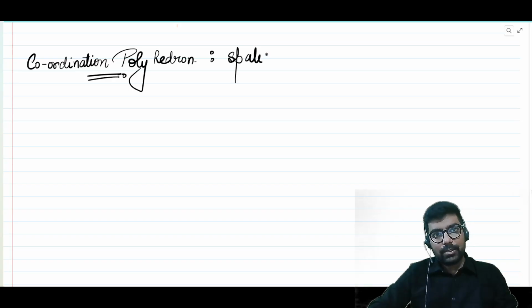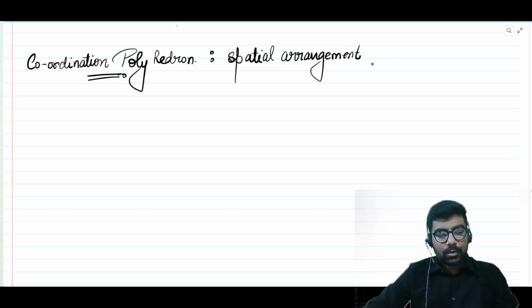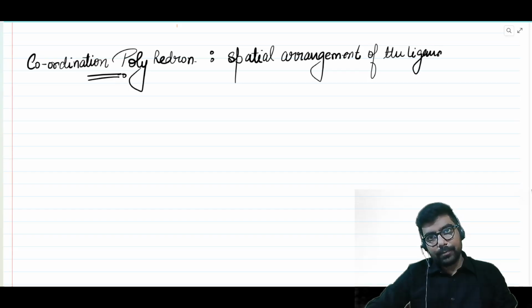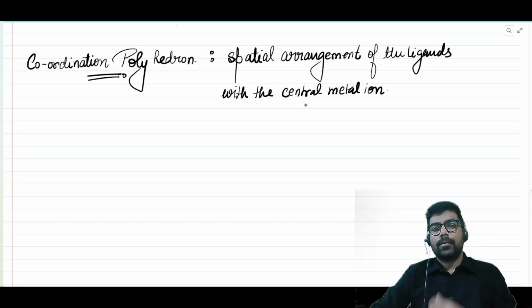It is basically a spatial arrangement of the ligands with the central metal ion. Okay, so basically, it is the shape of the molecule. It is basically the shape of the molecule.